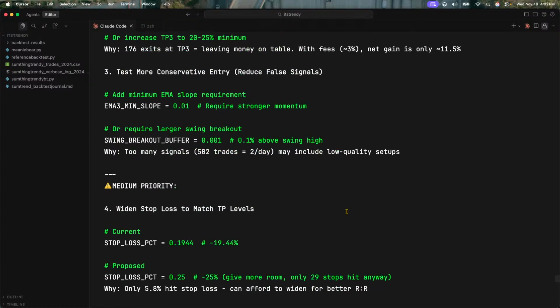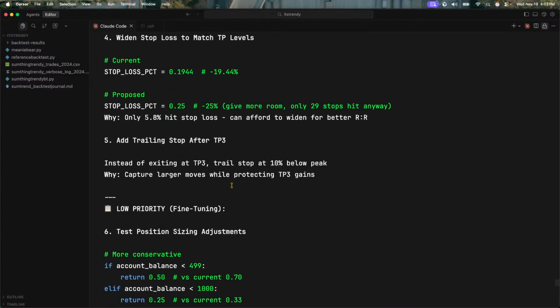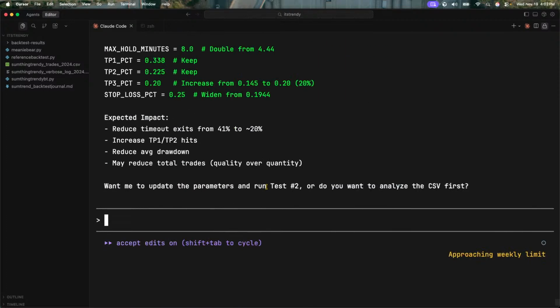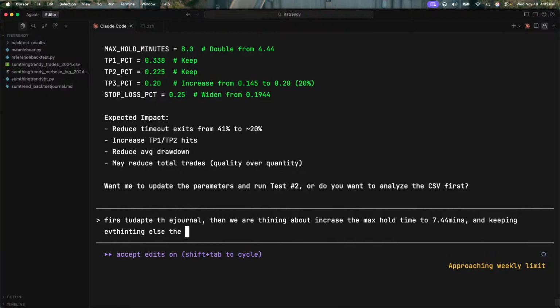No. Widen the stop loss? No. What I'm thinking about, a trailing stop after? Nope. What I'm thinking about, number one, go ahead and update the journal. First, update the journal. Then we are thinking about increasing the max hold time to 7.44 minutes, and keeping everything else the same.